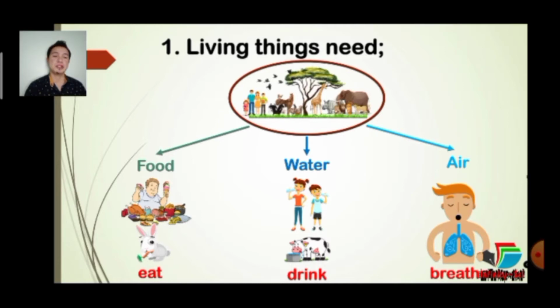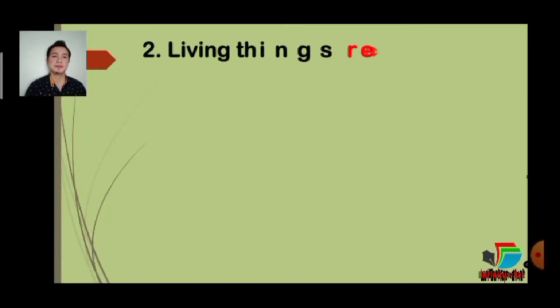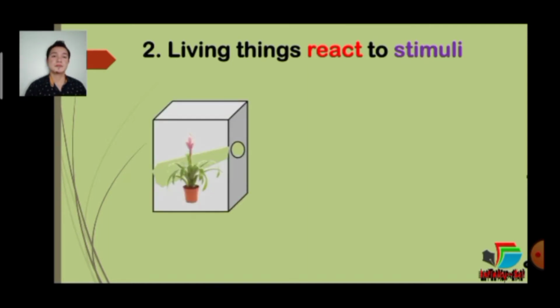The next characteristic is that living things react to stimuli. Here we have an example of a plant which is covered in a dark box. Inside the box there is darkness and we have the plant inside.